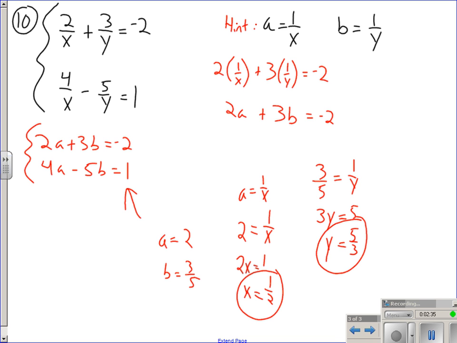So for number 10, this is not necessary, but doing this hint certainly makes solving it much easier. You solve this one down here for a and b, you get your answers. Make sure you do the substitution like I did here and here to actually solve for x and y.